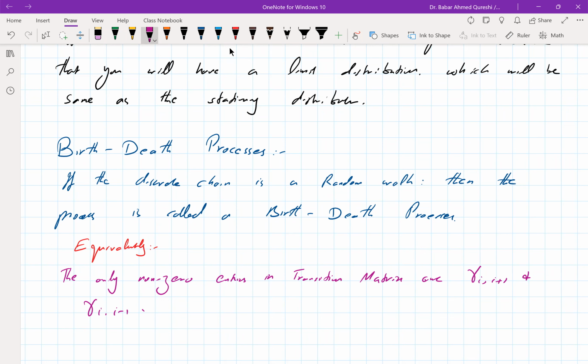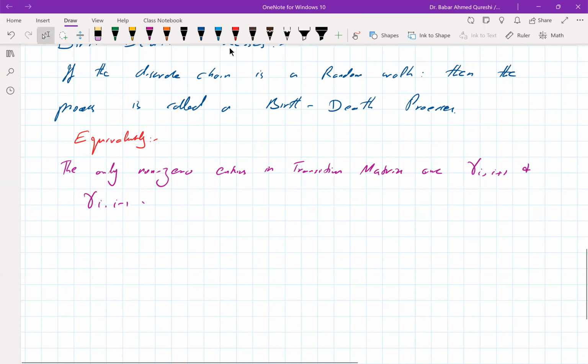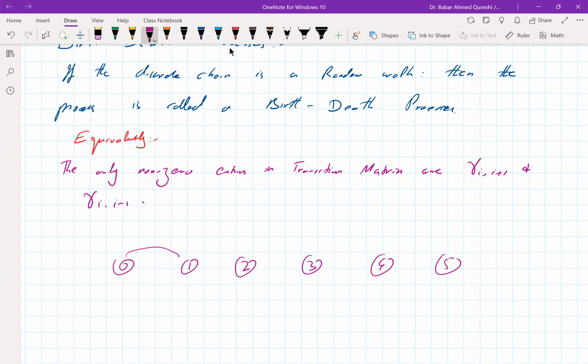That's why I'm saying that the discrete process is a random walk process. So, for example, something like this. You have these arrows, and then you have these arrows. Some of them may even be zero, but these are the only ones. You don't have a double jump or any other arrow.